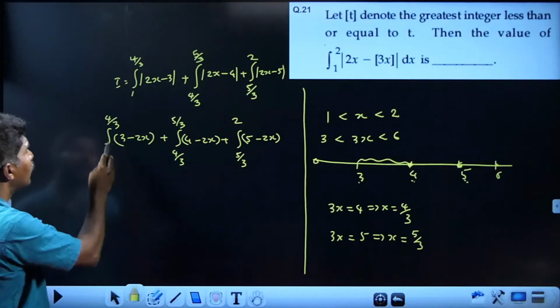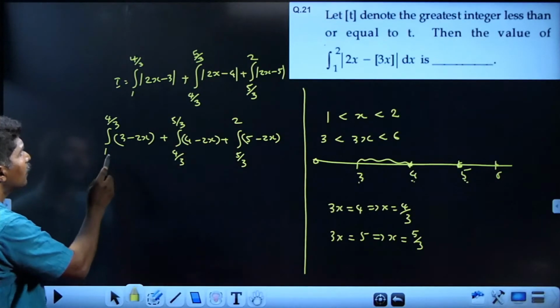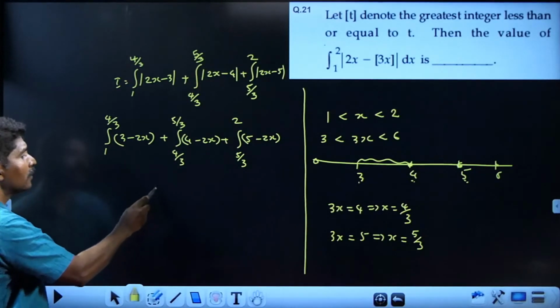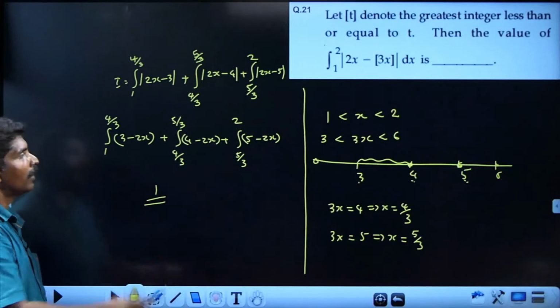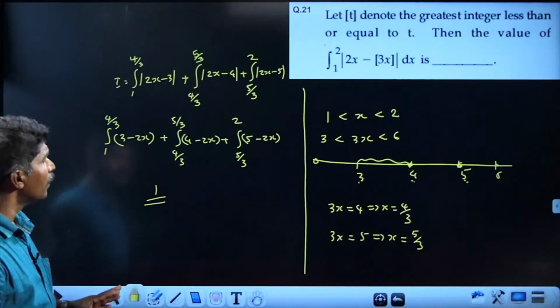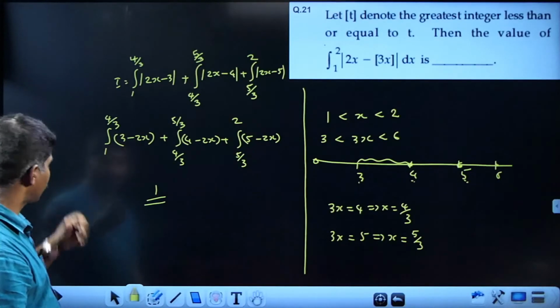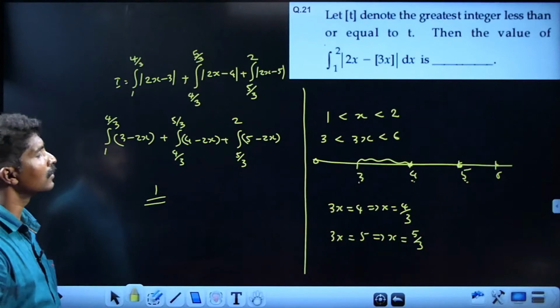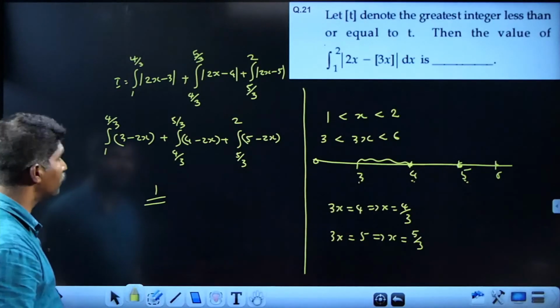The remaining part needs a lot of simplification. You just integrate, substitute all these values, add them, and the value will be 1. Not a fair question, I think. Another method also exists, but that method is also lengthy.